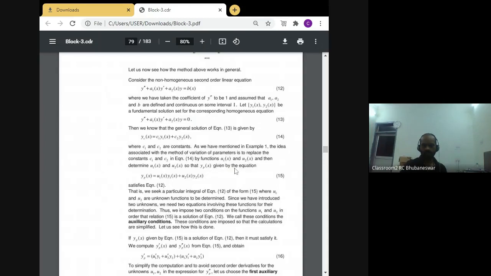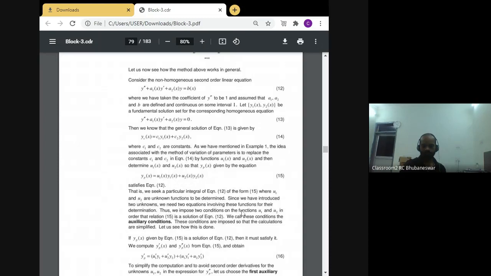That means in place of the constants c1, c2 in the general solution of the differential equation, we substitute functions of x, u1(x) and u2(x). So the expression is u1 y1 plus u2 y2.